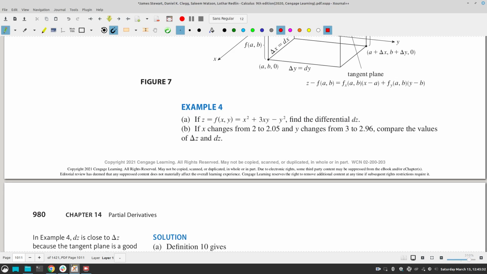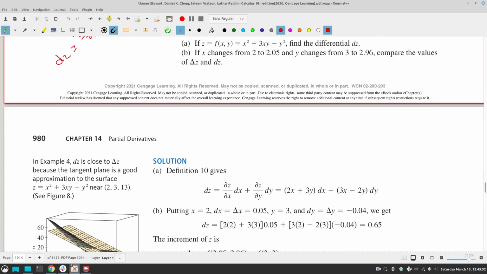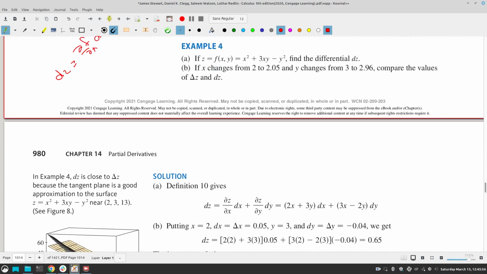How would you find dz? Remember, the differential dz equals df over dx dx plus df over dy dy, and then you just plug those in. Now, if x changes from 2 to 2.05 and y changes from 3 to 2.96, compare the values of delta z and dz.